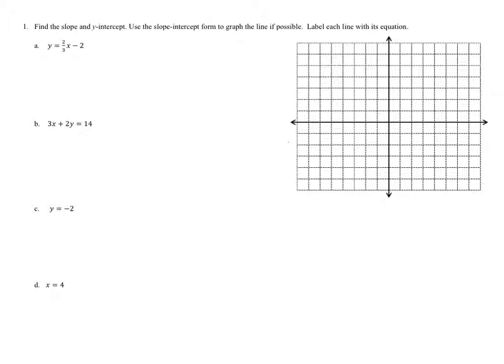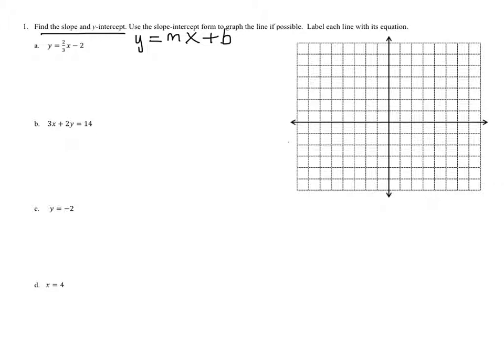First, we're going to find the slope and the y-intercept, and then we're going to use those to graph the line if possible. And we're going to label each line with its equation, so it's going to be really challenging for me to get all of these lines on this graph, but let's try it anyway. So remember, y equals mx plus b.